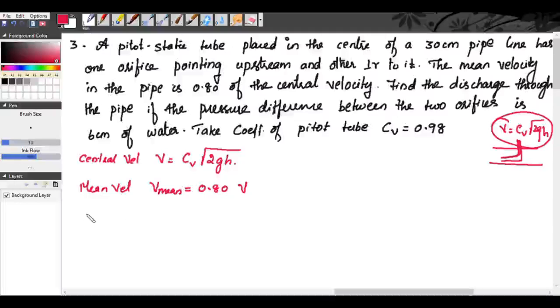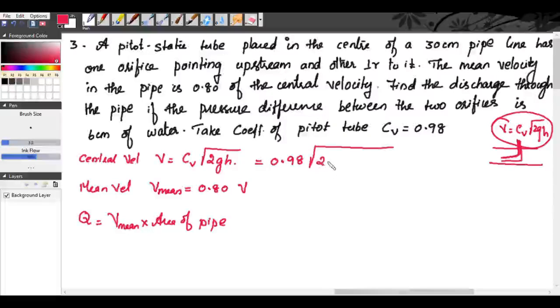Also, we are asked to find the discharge. So, discharge is equal to mean velocity into area of pipe. Now, we will determine the central velocity. That is equal to CV, 0.98 into root of 2 into g. What is h? The pressure difference between the two orifices is 6 centimeter of water.